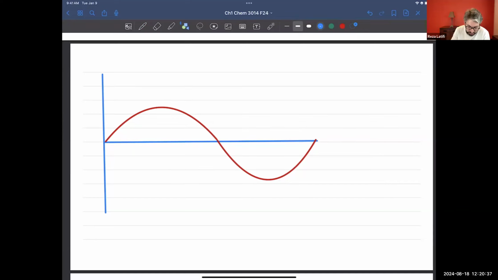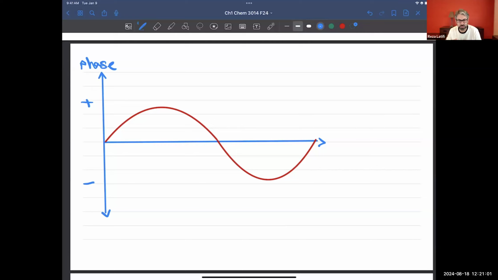So what do we have here? On the y-axis, we have phase: up is positive, down is negative. And what's this axis? It represents time, or technically distance.